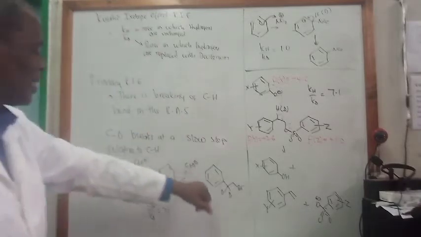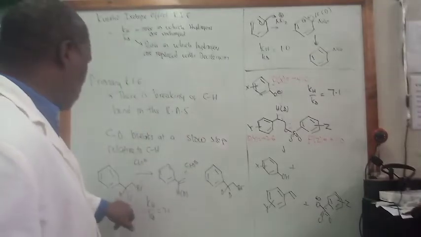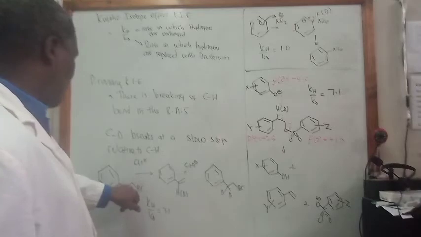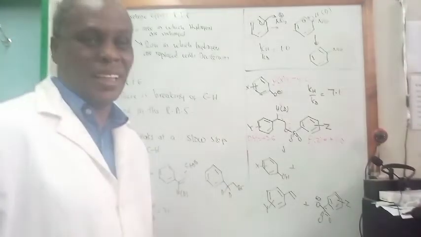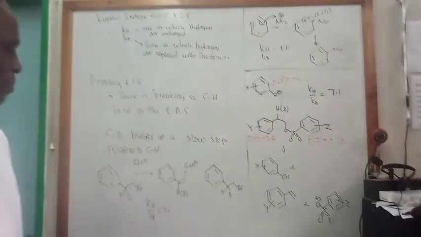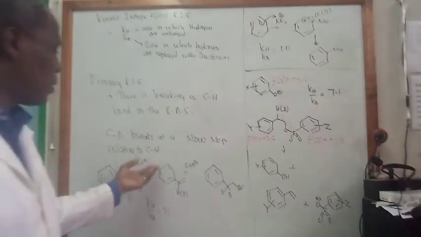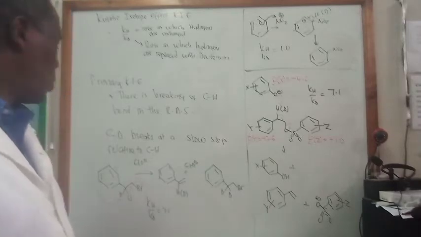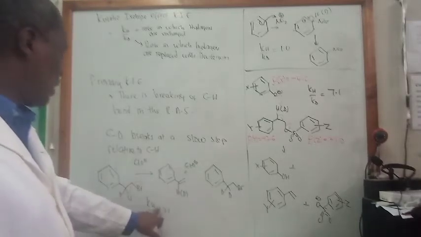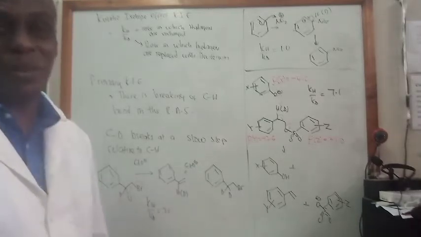In the second case, the hydrogens next to the benzene ring were replaced with deuterium, and then the same reaction was done. The ratio of the rate between the two was 7.1.